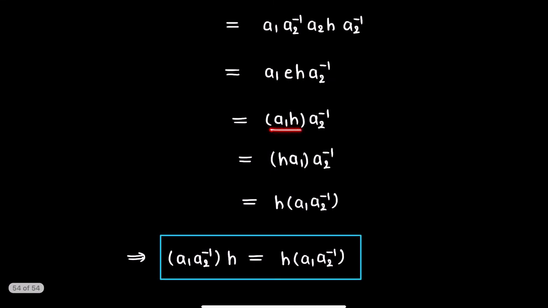Now as a1 is a member of the centralizer of H, a1 h will become h a1, and finally we get this step h a1 a2 inverse.